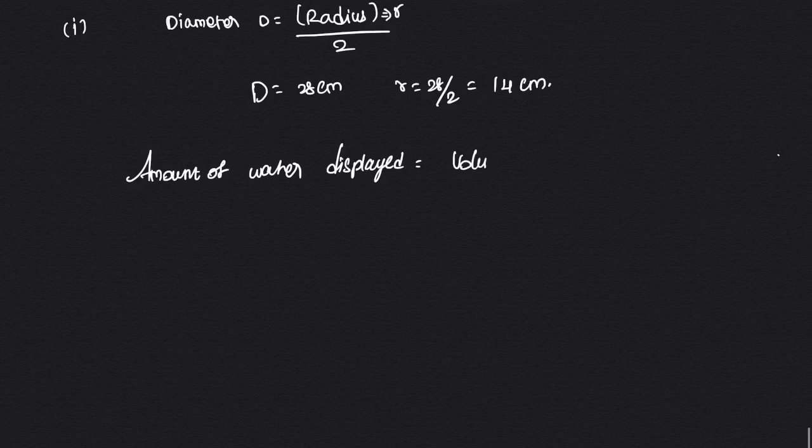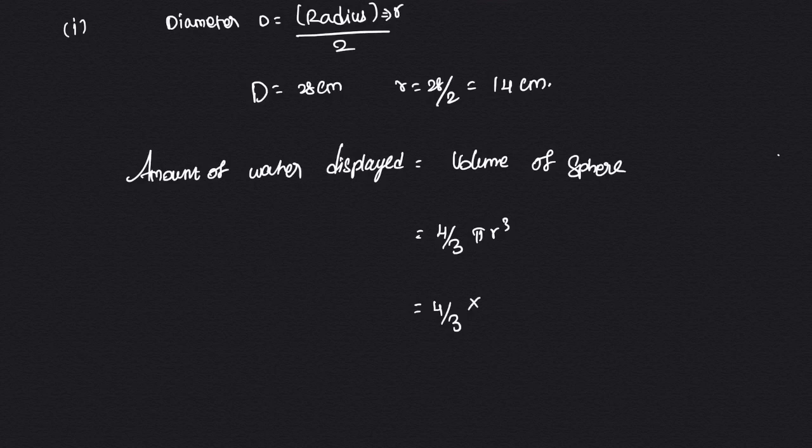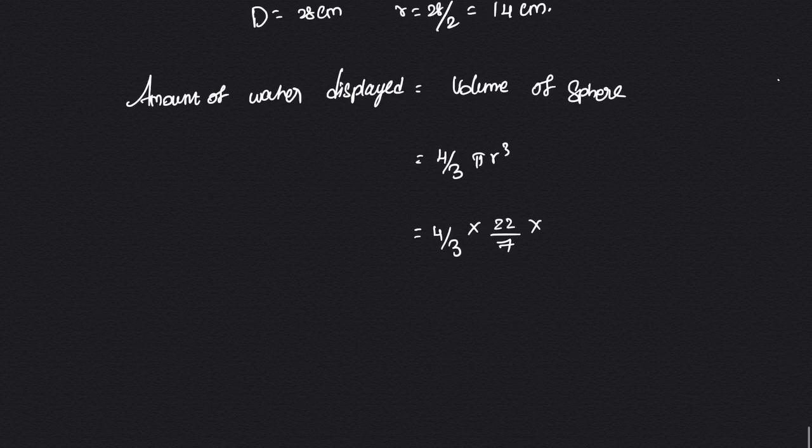Volume of sphere. Then the formula is 4 by 3 pi r cube. So just replacing 4 divided by 3 into pi value 22 by 7. Then r value is 14 centimeter. So 14 times this one.